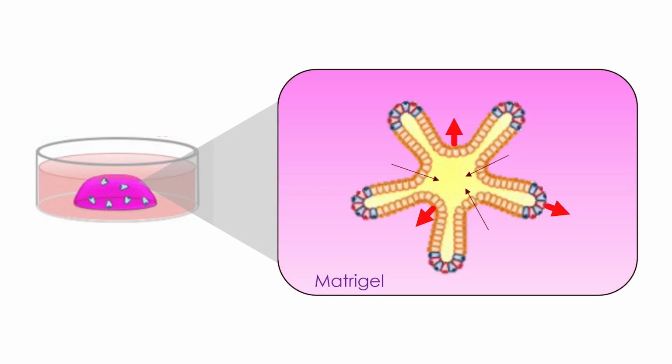And as they're growing, they're also pushing against that Matrigel. So there's some type of pressure there, and we also know there's a luminal pressure forming at the same time. So we're trying to have a closer look at what type of pressure those 3D organoids are going under when they're growing.